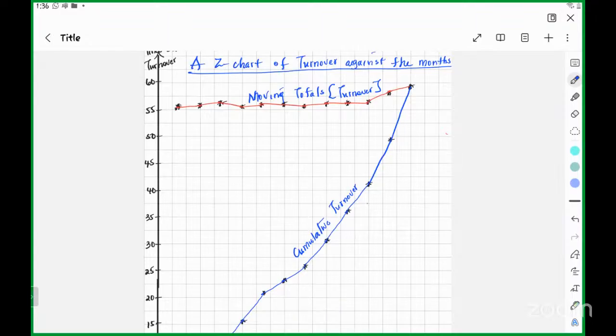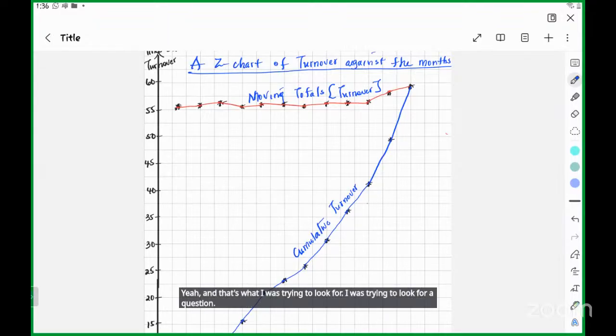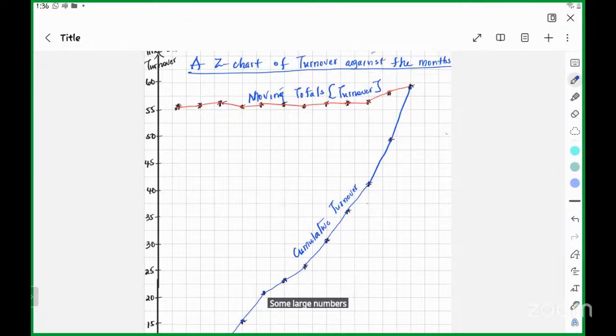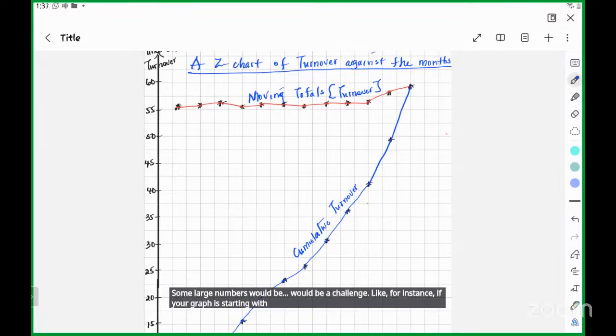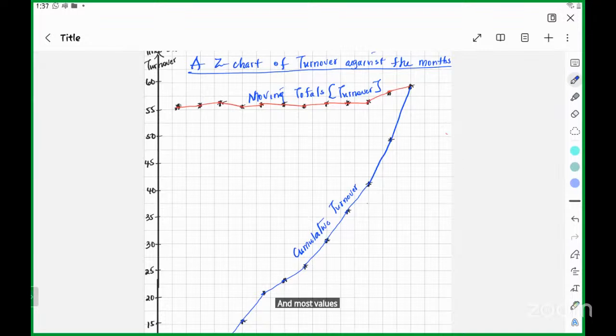Yeah, and that's what I was trying to look for. I was trying to look for a question. Some large numbers would be a challenge. Like for instance, if your graph is starting with 1,000, and most values are within the range of 1,000 and 1,020. I don't know if you get me.